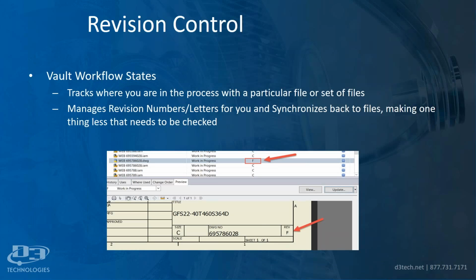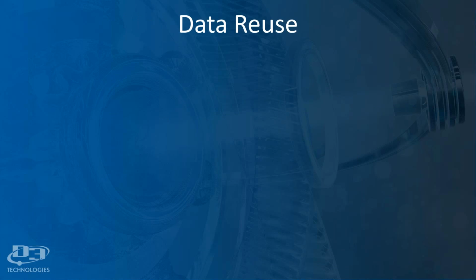So the next item on the agenda is data reuse. Dennis mentioned earlier that 29% of the users have significant challenges reusing existing data. With the copy design feature inside of Vault, your designers or engineers will save hours, even days, on complex assemblies.